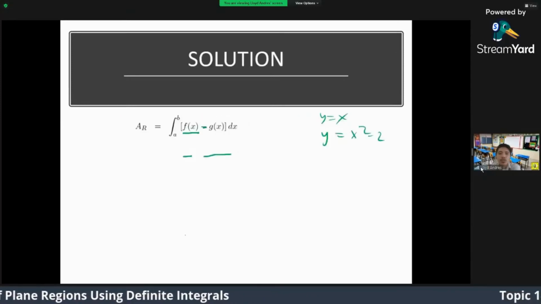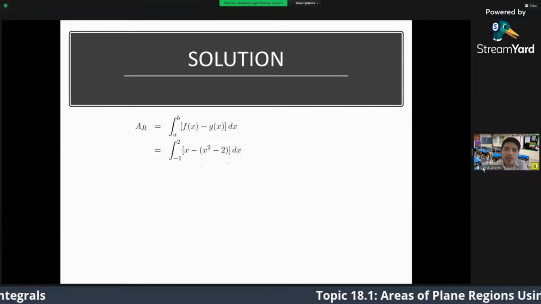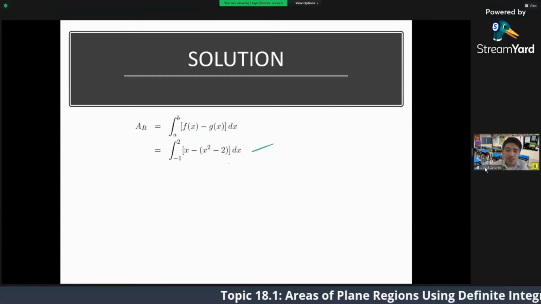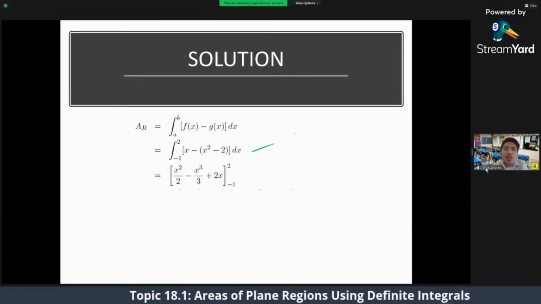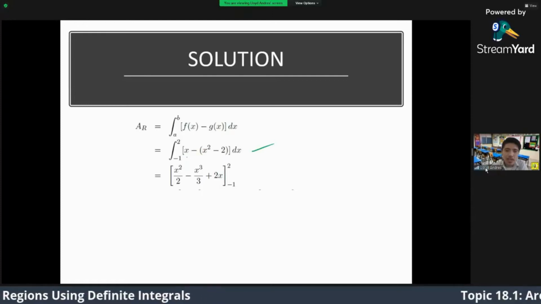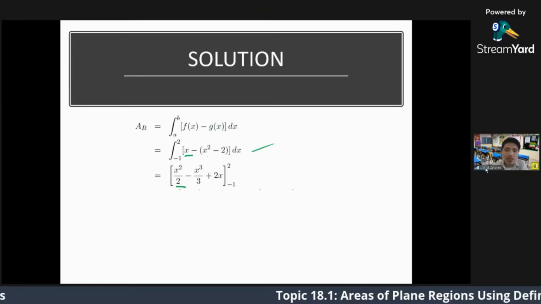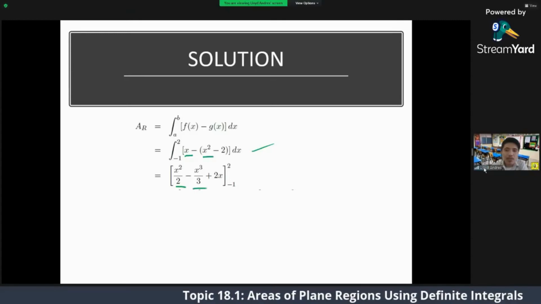Okay. So this is your integral. We have now set up our integral. Let us just solve. By using the fundamental theorem of calculus, first we solve for the antiderivative. The antiderivative of x squared is x cubed over 3.